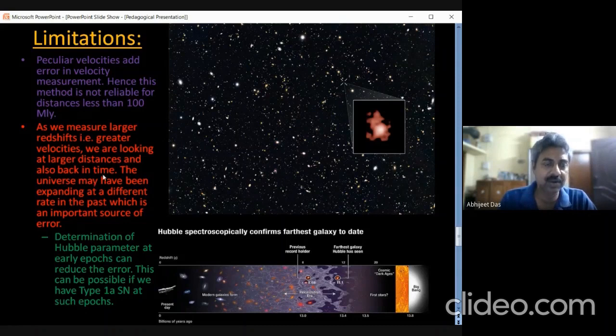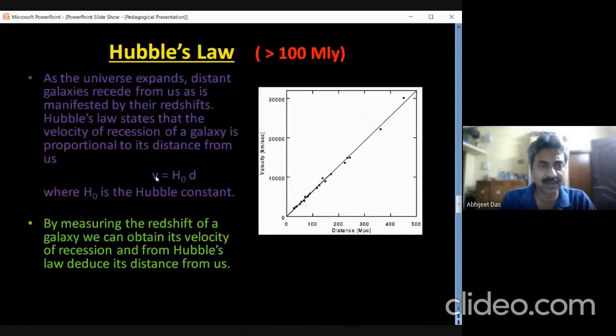Another source of error is that as we look deeper into the universe, we are actually looking backward in time. So when we are using this relation v equal to H naught d, H naught is the Hubble's constant at the present epoch.